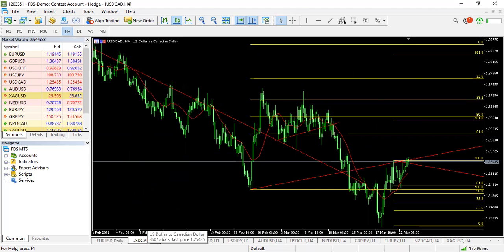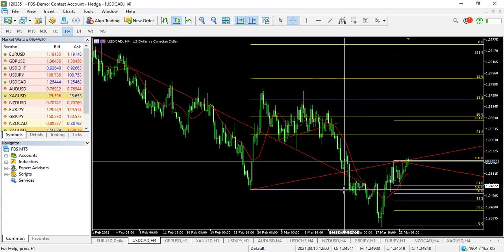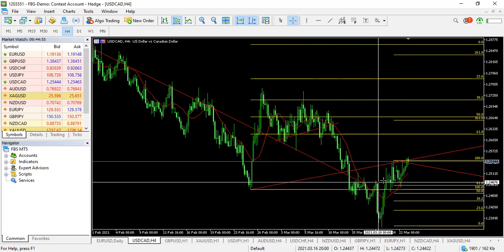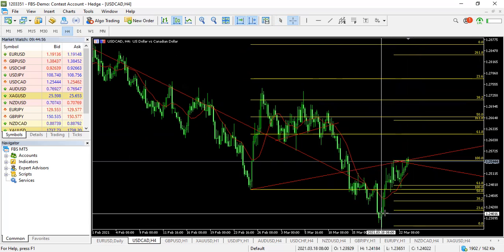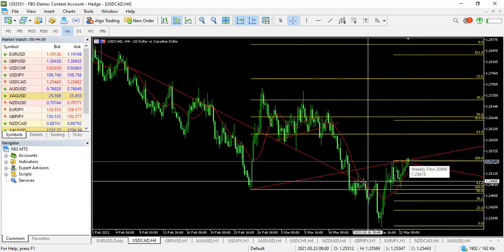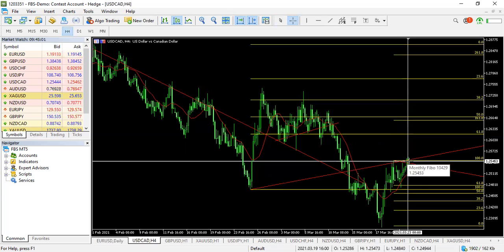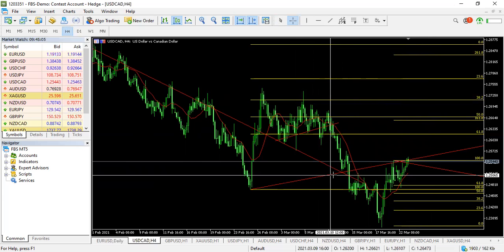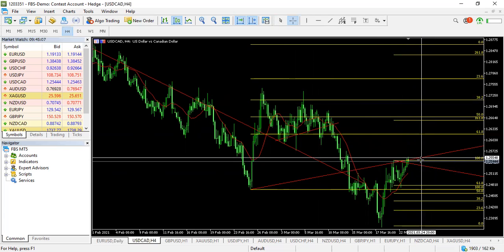The USD CAD here, it's almost the same as the Euro USD, but here we sort of have an idea of what's going on. The inverse head and shoulder, the right shoulder, left shoulder, the head over here, and it looks like the pair is about to break above the neckline, which is this red zone here.